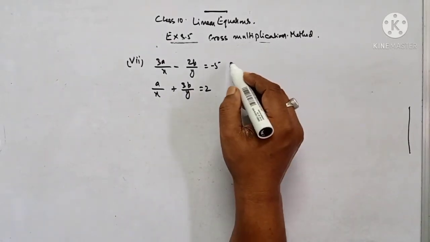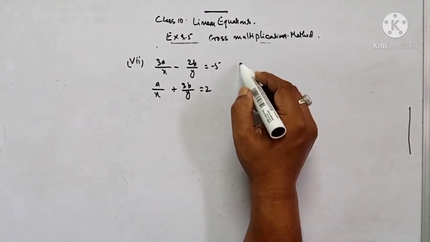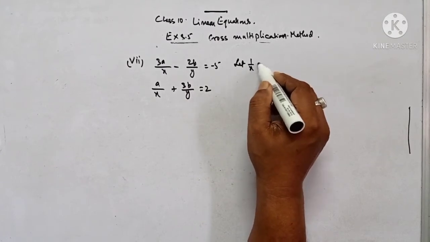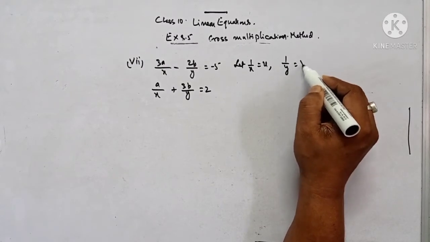Here you can do like this. It will be easier at your level. Let us take 1 by x is equal to u and 1 by y is equal to v.